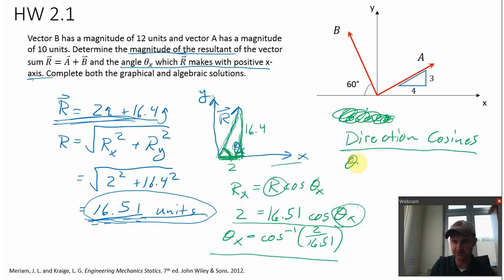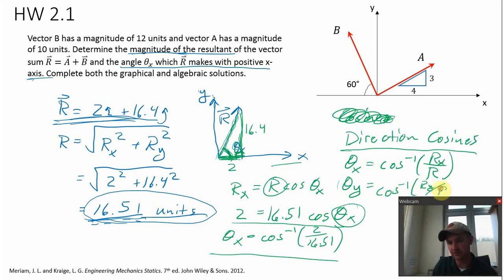If you look in your notes, the direction cosine for theta x can be found by the arc cosine of whatever the x component of that vector is over the magnitude of that vector. And this can be the same for whatever component or whatever angle you're looking for. If you're looking for the angle theta y that the vector makes with the positive y-axis, just do the cosine inverse of the y component of the vector divided by the magnitude of the vector. Okay, sorry, back to this.